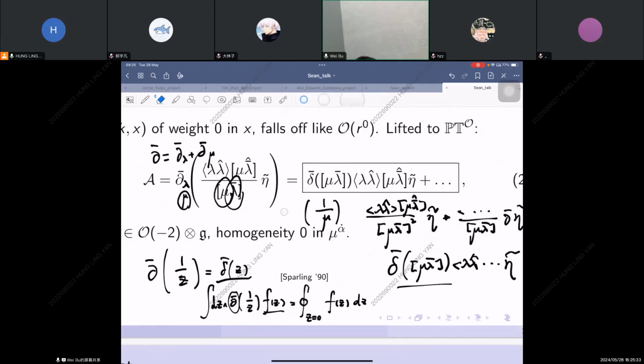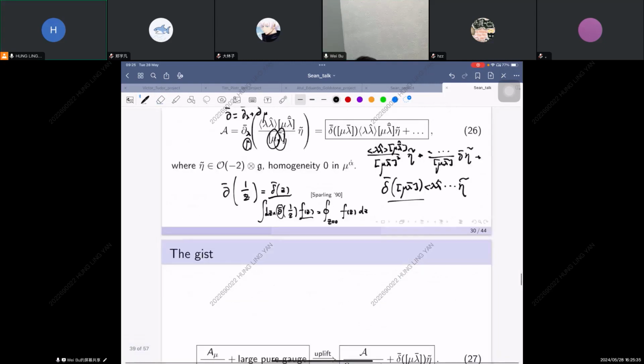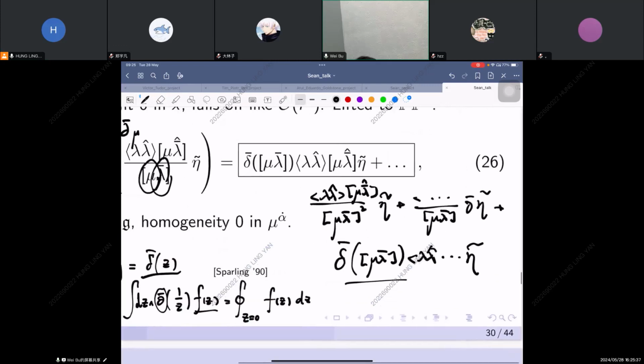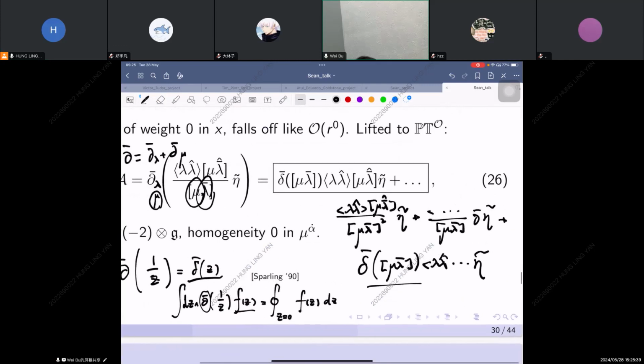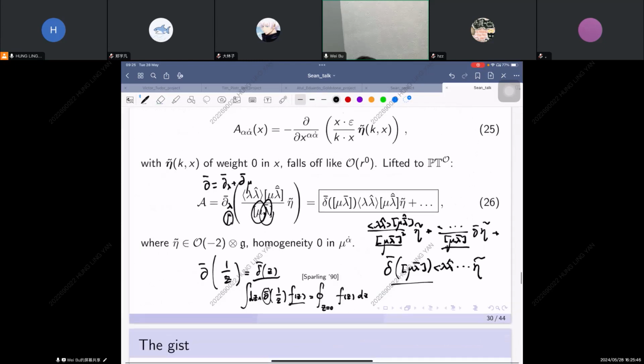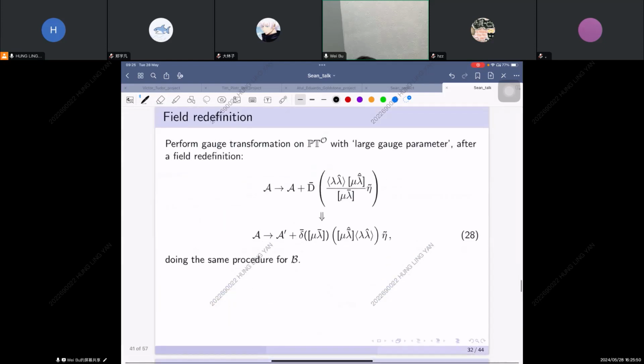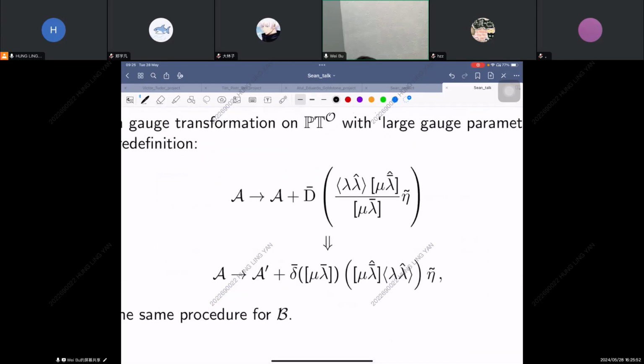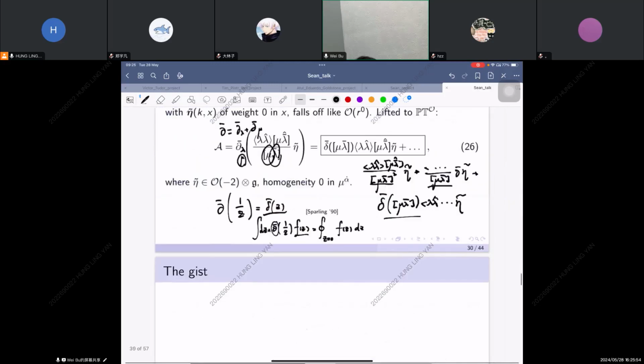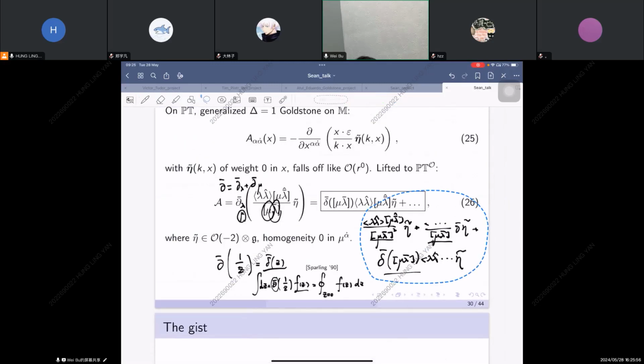But notice something. In these 3 terms, there's one that contains a delta function and 2 with the higher order poles in mu lambda bar. But now if I do a field redefinition, let me just copy paste that.